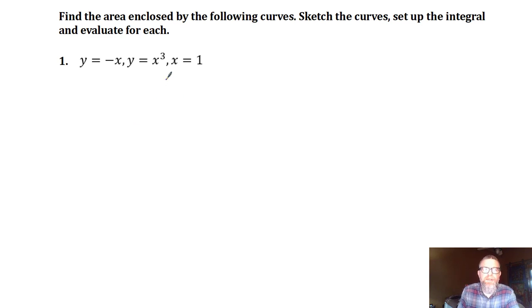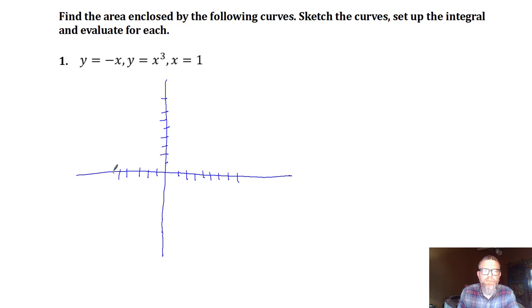Once again, we're going to make a sketch. That's going to be the easiest way to go about doing these things. Let me go ahead and make a little sketch. It's kind of crummy, but you get the idea.